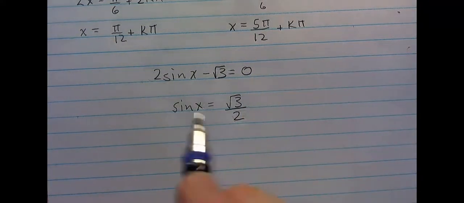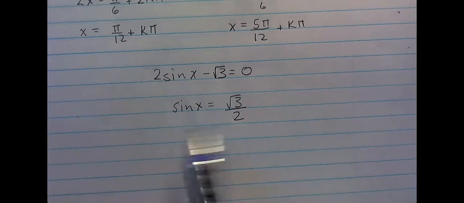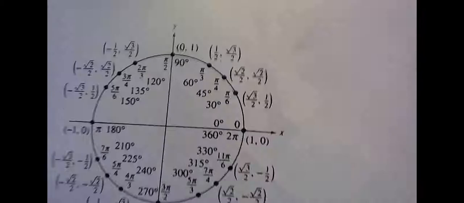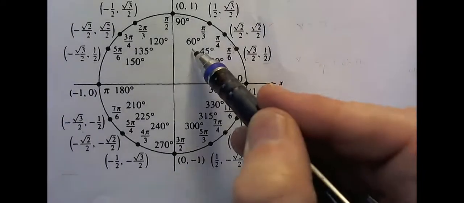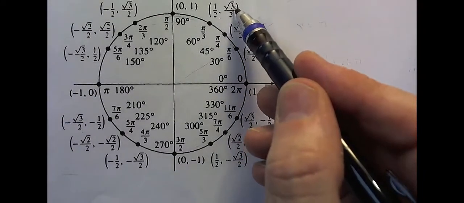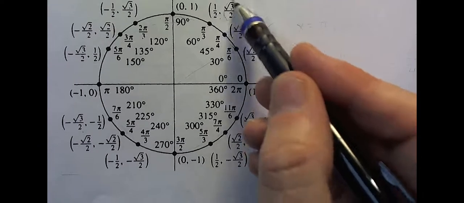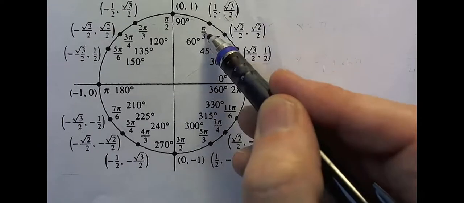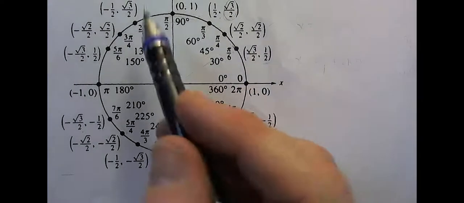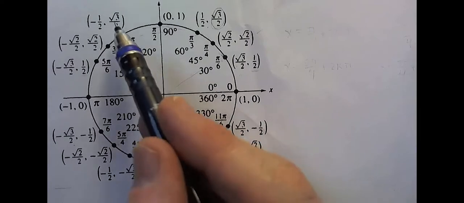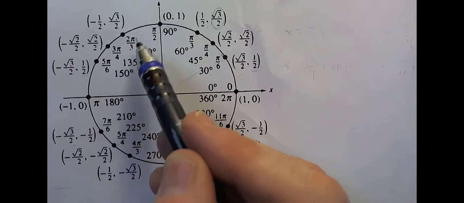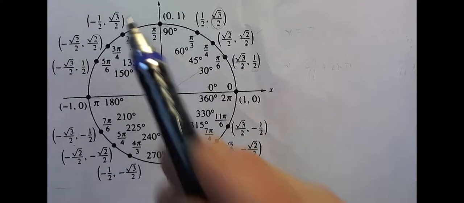Okay, now this is just like the equation we looked at before. We can go back to the unit circle and find where sine is equal to the square root of 3 over 2. Right here. Okay, and that corresponds to pi over 3. And also, we notice over here, corresponding to 2 pi over 3, we've got the square root of 3 over 2.